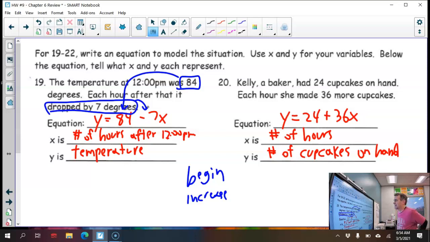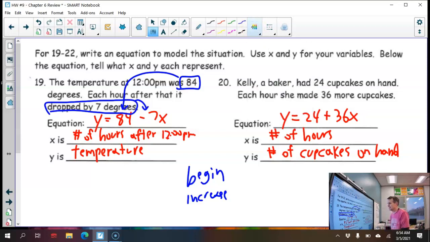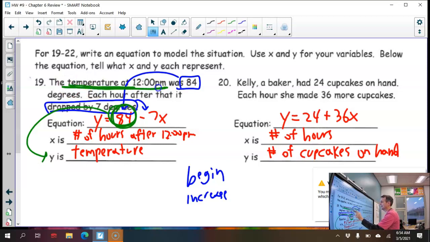Now you have to tell what the x and the y stand for. So remember how we talked about this in class. Whatever this number represents is what the y stands for. 84 represents the temperature, the beginning temperature, right? Y is always the beginning amount of what? In this case, it's the beginning amount of the temperature.